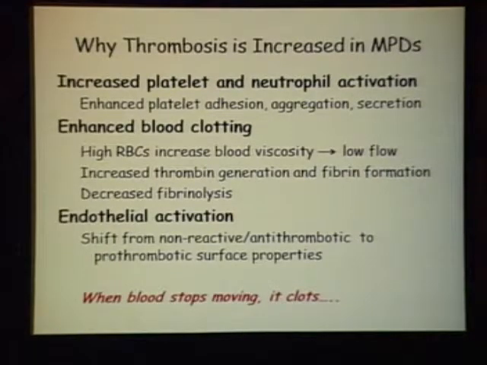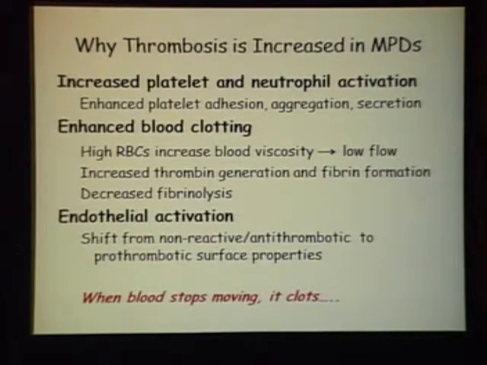There's a shift in the endothelial function from non-reactive or antithrombotic functions, which are normally present at the level of where the blood touches the vessel wall, to prothrombotic surface properties, and there are many very distinct reasons for this.